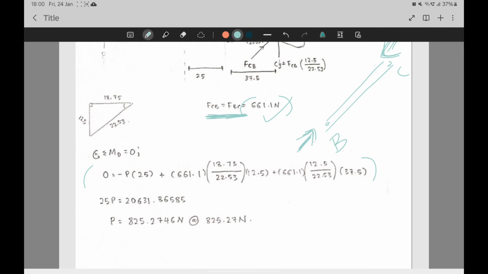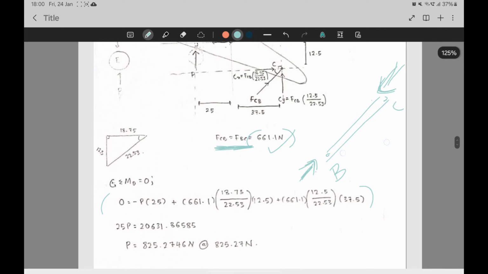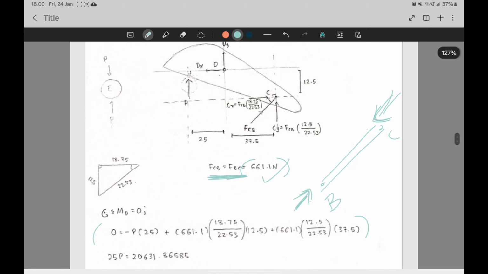We can take the moment at D. At moment D, we assume counterclockwise is positive.